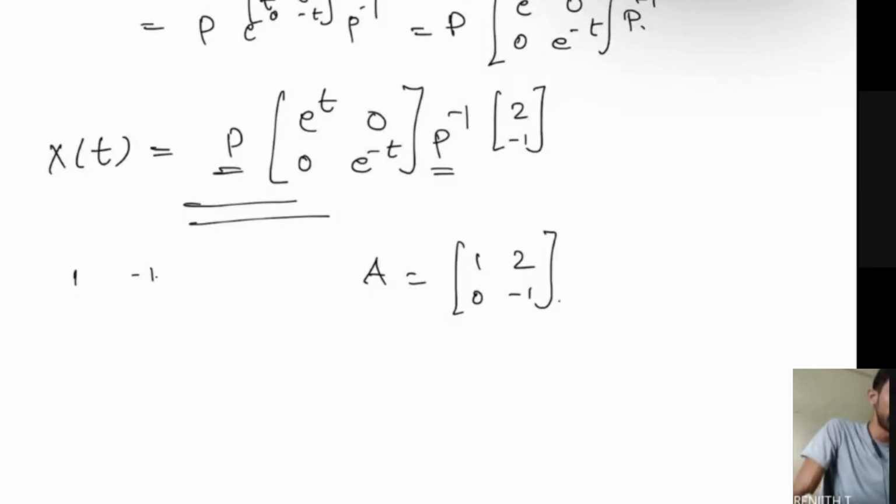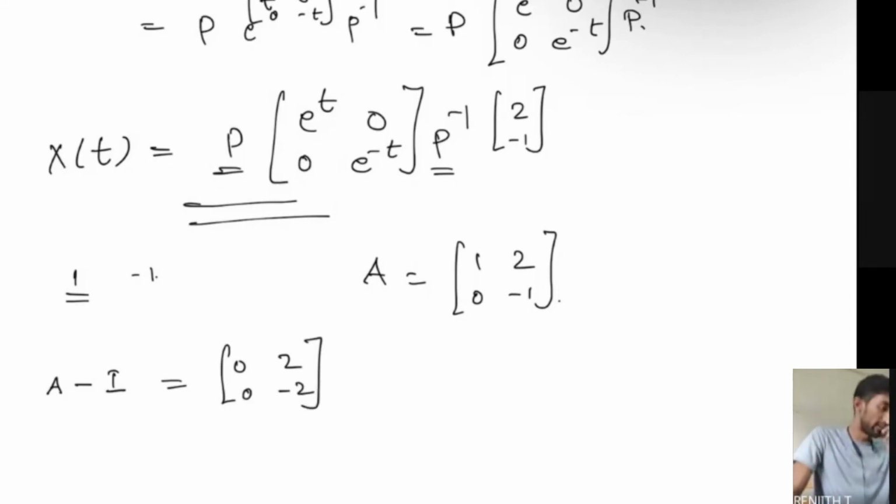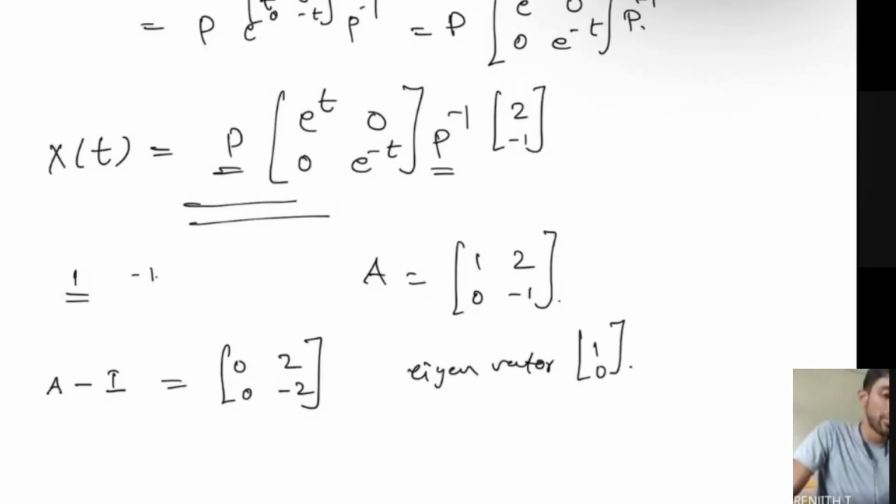To compute the eigenvector corresponding to 1, you calculate A minus I. A minus I is 0, 2, 0, -2. So the eigenvector corresponding to this is 1, 0. And we have to calculate the eigenvector corresponding to -1.